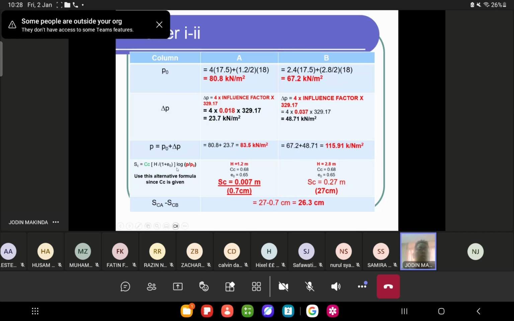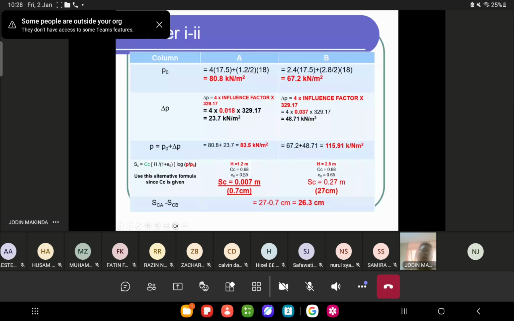So we can now use the formula to determine the total settlement, SC. We have the compression index given, 0.68. We have the thickness of the clay, H, 1.2 meter. We have the e naught, yaitu 0.05.